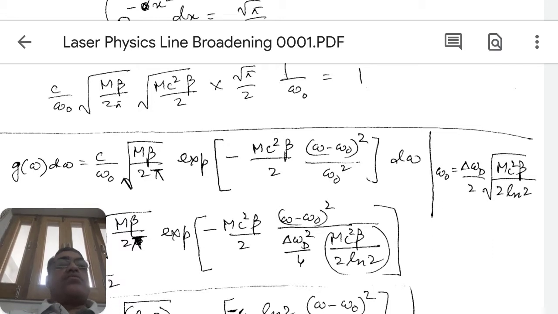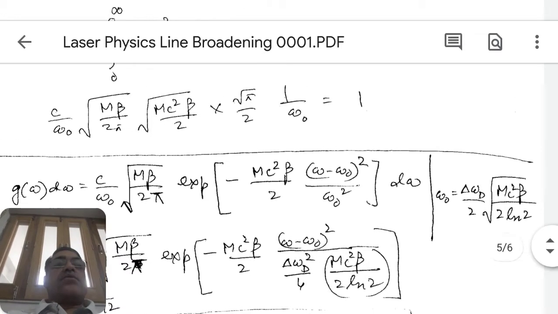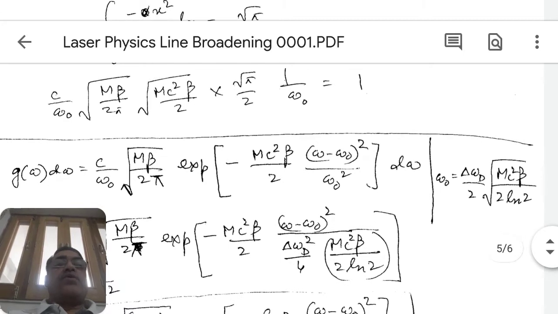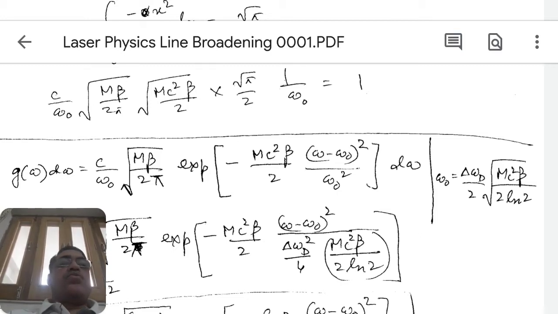Omega naught from this value of FWHM is omega naught is equal to delta omega d for Doppler here by 2 under root of mc square beta by 2 natural log 2.